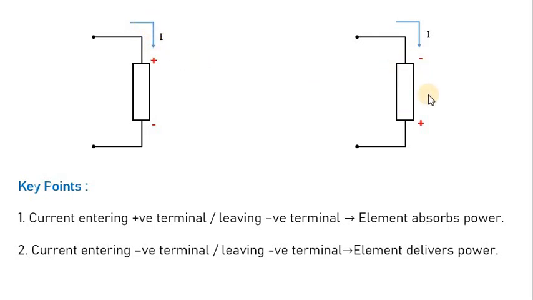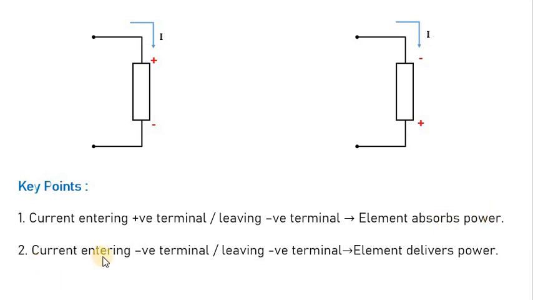In the second figure, the situation is reversed. The polarity across the element is reversed, and the current is entering the negative terminal, or we can say it is leaving the positive terminal. So if the current is entering the positive terminal or leaving the negative terminal, both are the same thing, this element is absorbing the power.